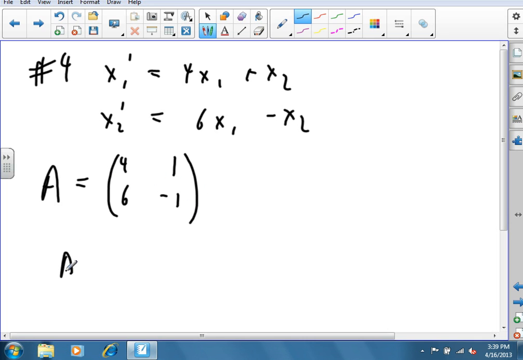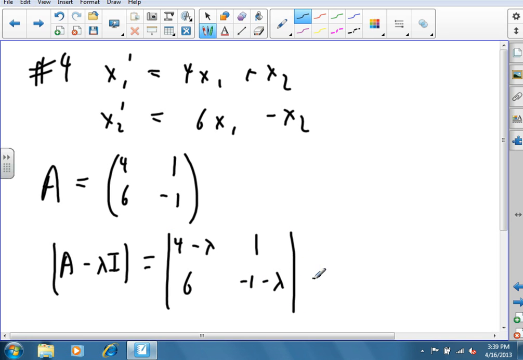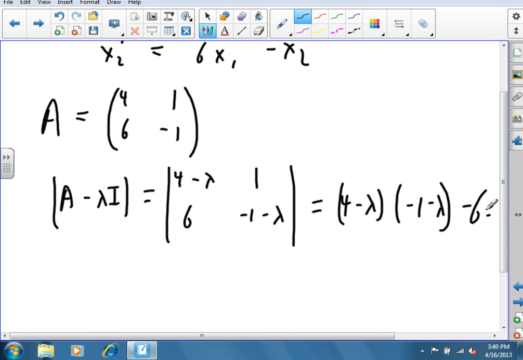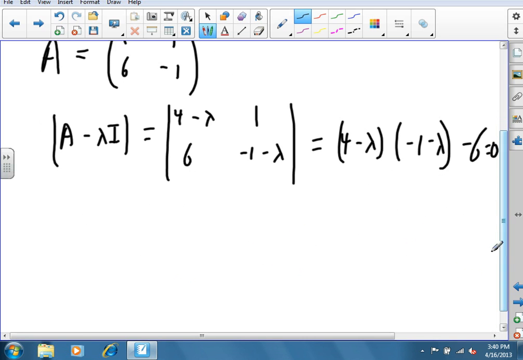So I'm going to have A minus lambda I, and I'm going to take the determinant of that. So I have 4 minus lambda, 1, 6, minus 1 minus lambda. I'm taking the determinant. I get 4 minus lambda times minus 1 minus lambda, minus 6. And I'm going to set that equal to 0 and solve for lambda.